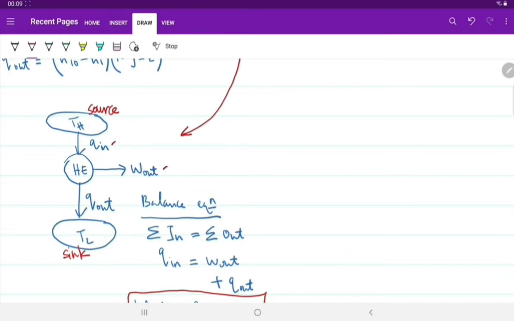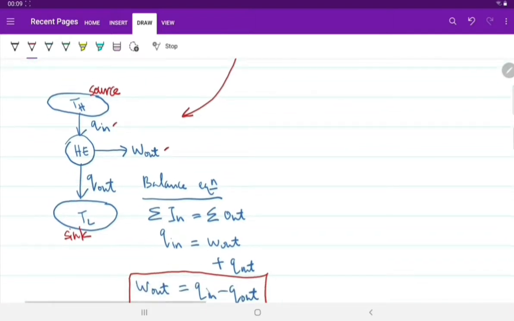So that is Q out. In terms of the direction of heat transfer, you have this direction into the heat engine, and then two directions coming out of our heat engine.